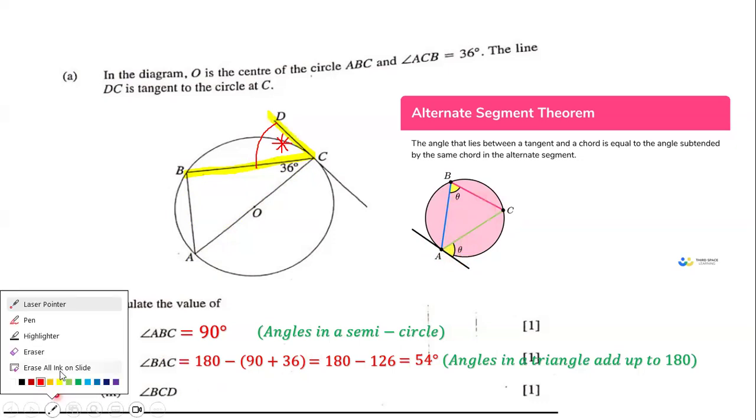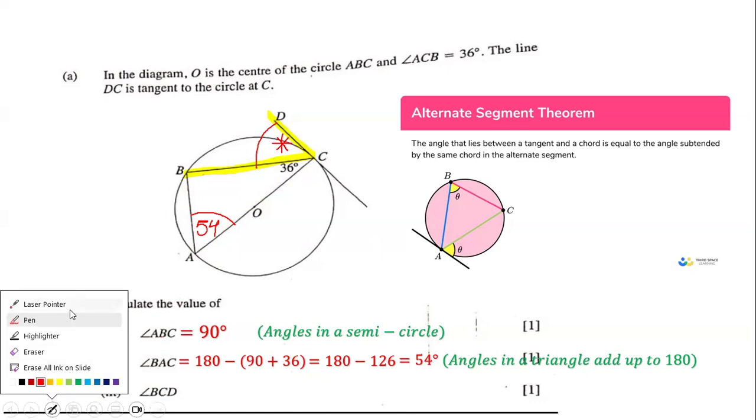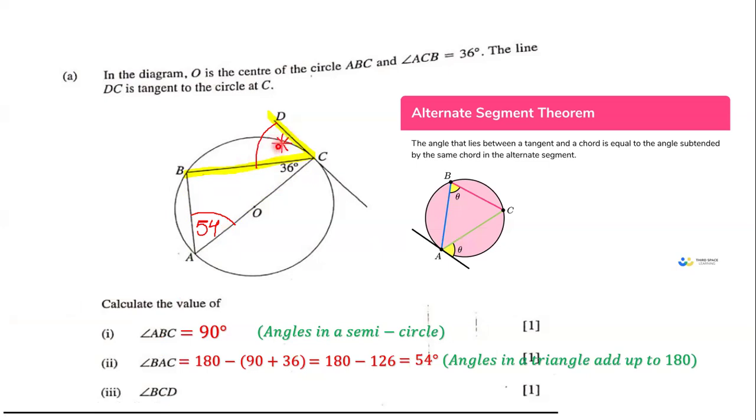Now, what do we know already? We already know that angle A is 54 degrees. We saw that earlier. So we can use the alternate segment theorem to figure out the size of angle C, because we have CB, which is a chord, and this line is a tangent line. This angle theta lies between the tangent line and the chord, which means it's going to be equal to the angle that is subtended by the same chord.